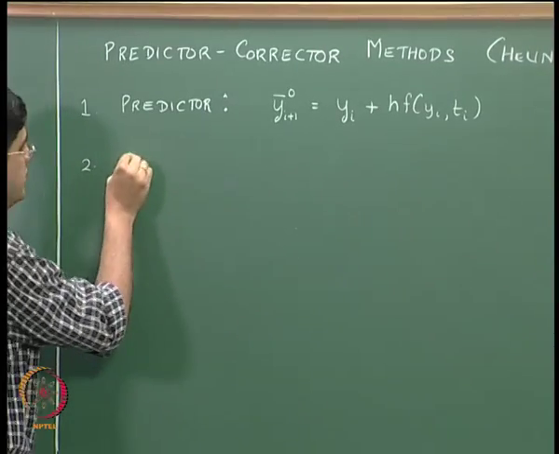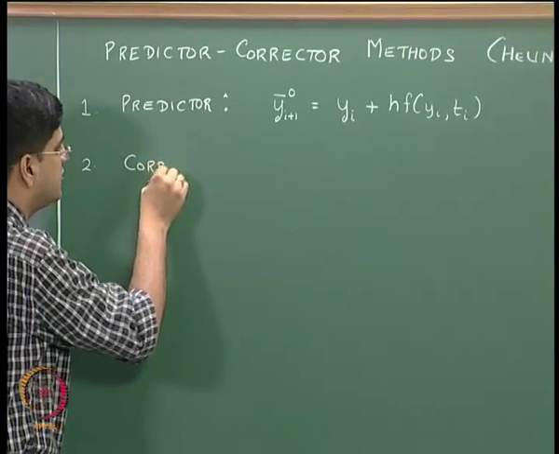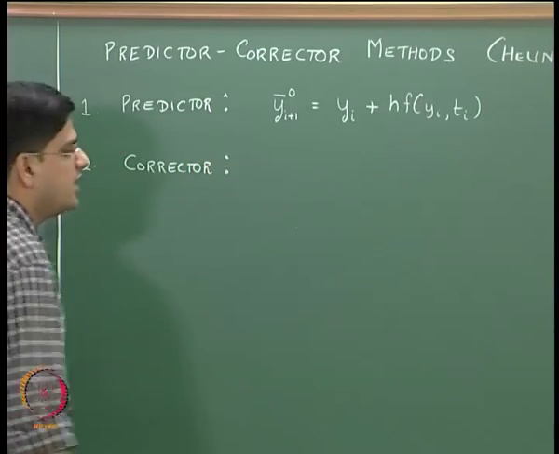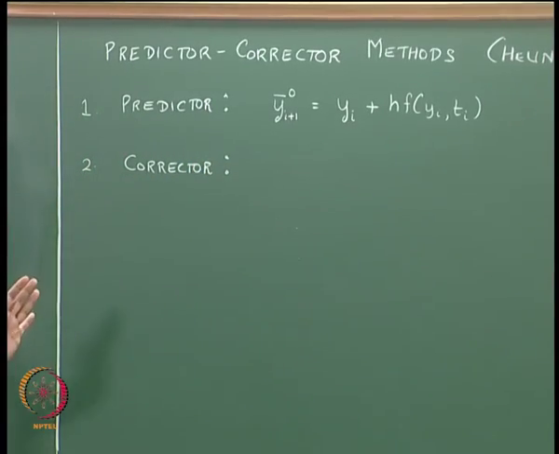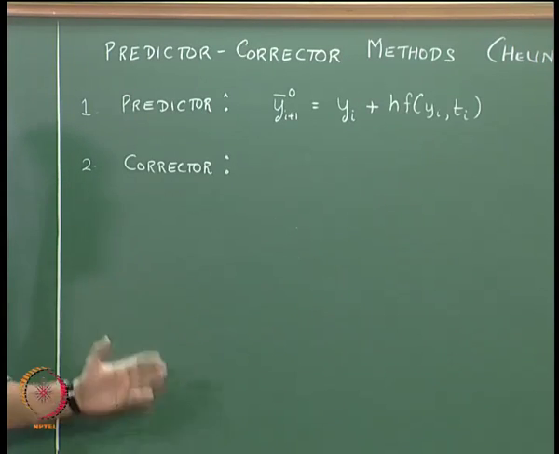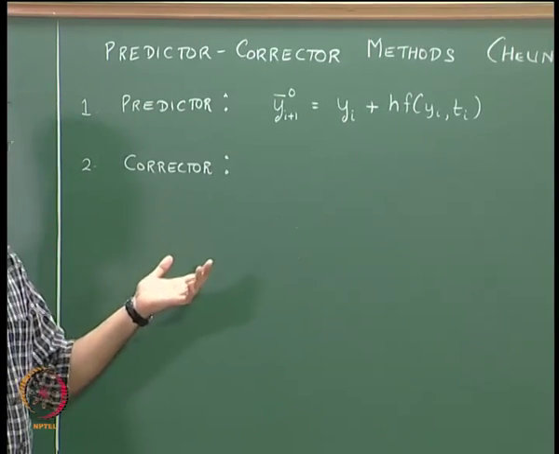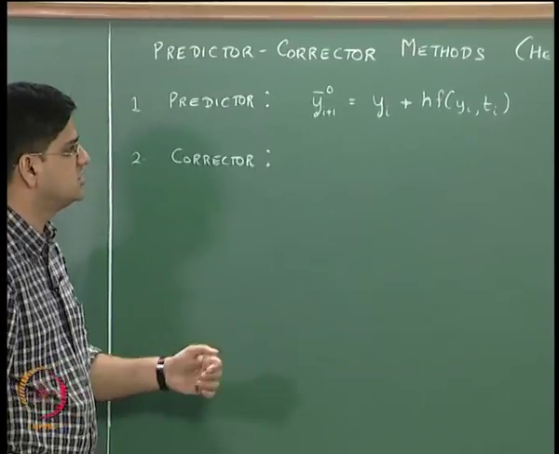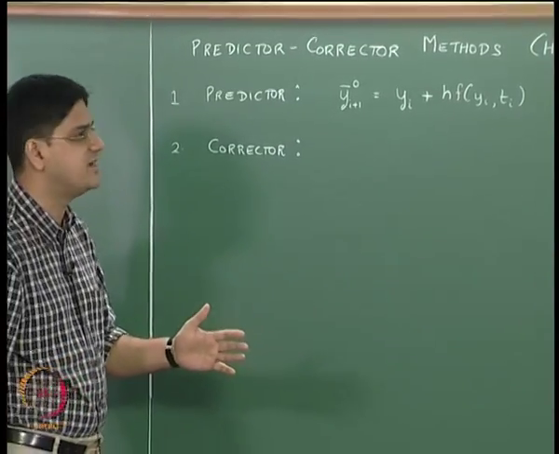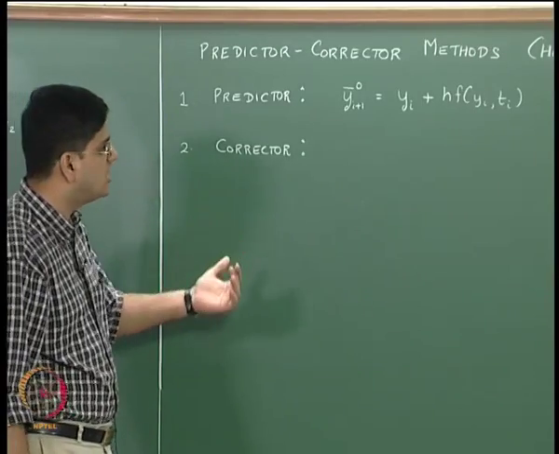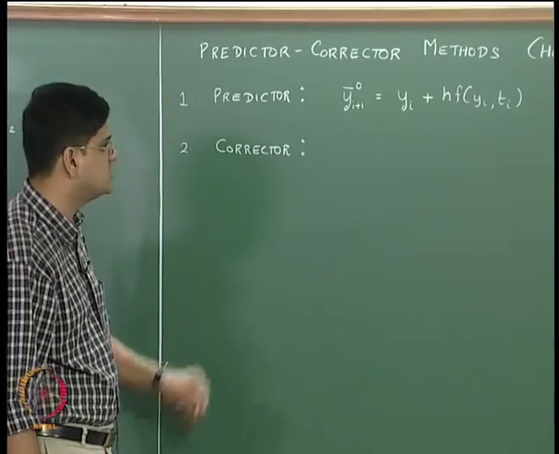Now, let us look at the corrector form of the equation. The corrector is nothing but a trapezoidal rule. Two lectures earlier, I believe in lecture 3, we had shown that Heun's method is like using a trapezoidal rule if the function f were just a function of time t. Likewise, the corrector form is going to be the implementation of the trapezoidal rule.